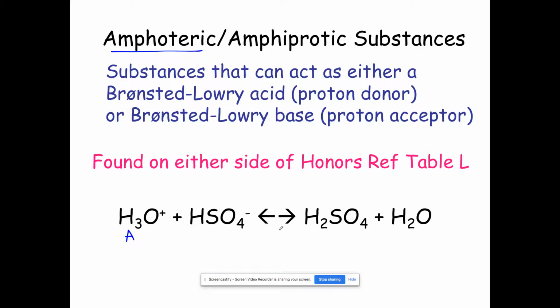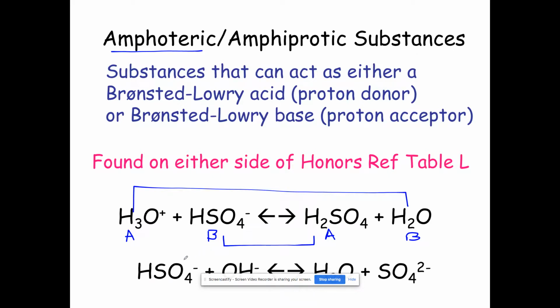Looks like I gained a proton. So this must be the base. H2SO4 becoming this must have lost. H2O becoming that must have gained. So let's assign our conjugate pairs. Acid, base, acid, base.